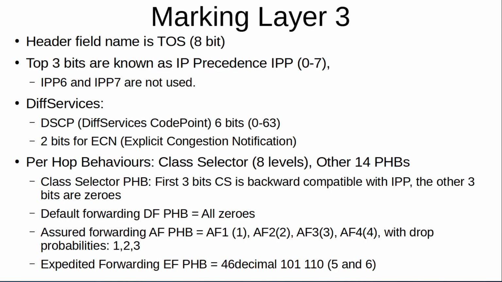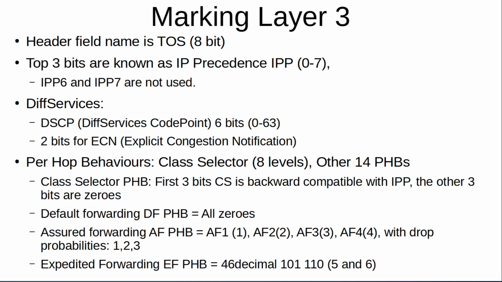Now, if you want to mark your packets at layer 3, you can take the IPv4 example. In the IPv4 header, there is a field known as ToS, which is 8 bits wide. Historically, the first marking method was known as IP precedence.